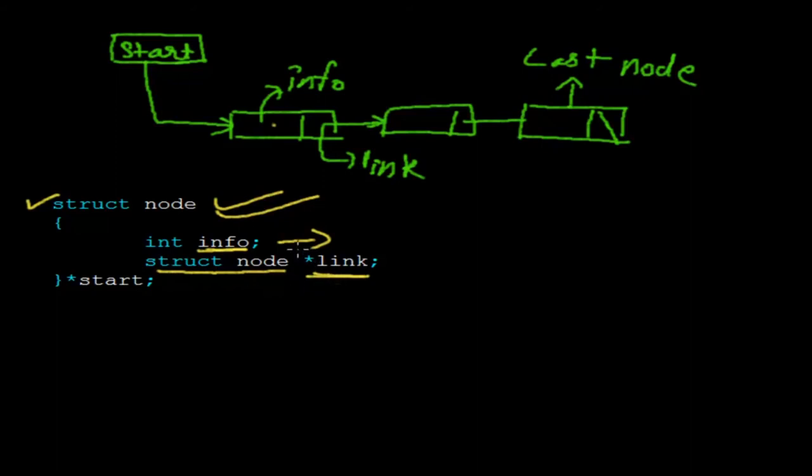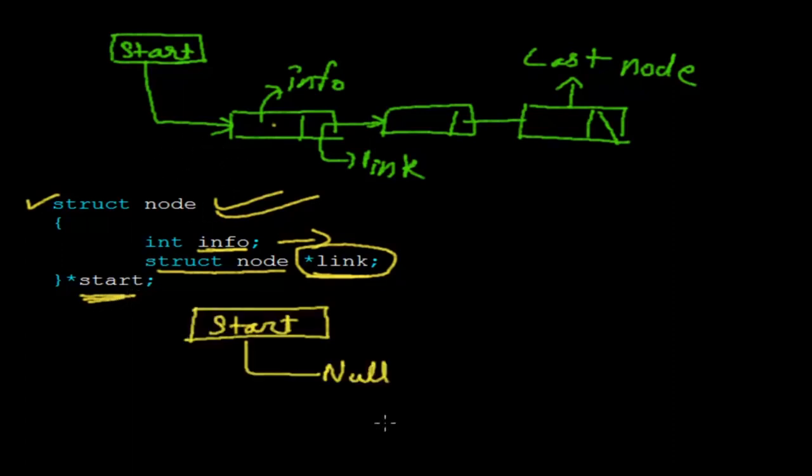Means the address inside this variable will be of type node, and this is the global variable start which will always point to the first node in the linked list.